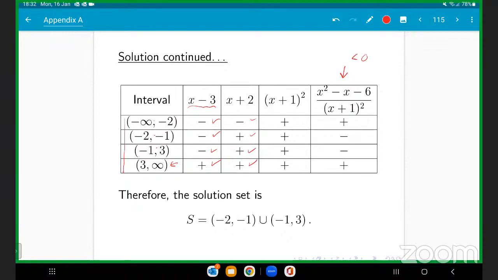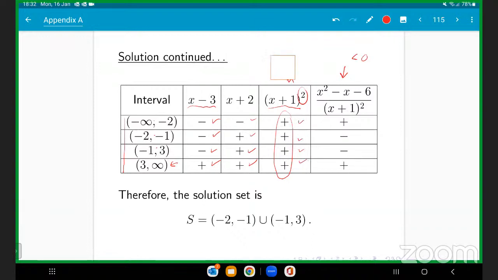And if you blindly test out the sign of (x plus 1) all squared, you'll get that all of them are positive. However, if you make a clever observation that the square of any number is always positive, you can fill in the information for (x plus 1) squared: for each interval it is always positive.